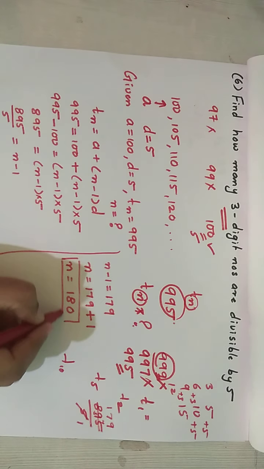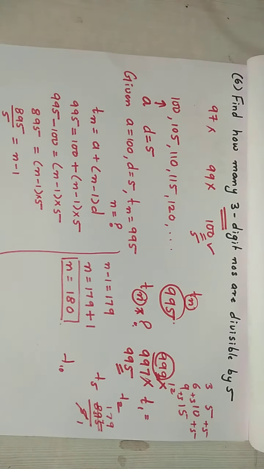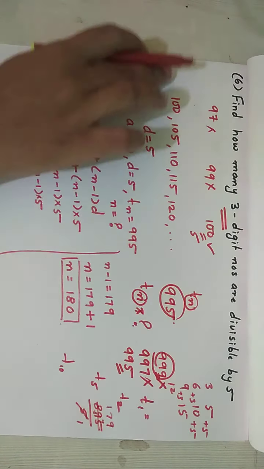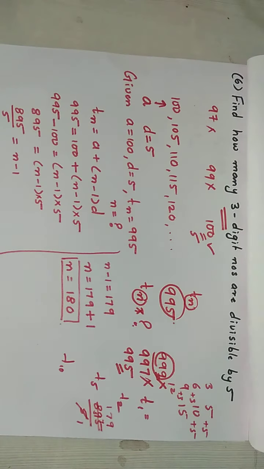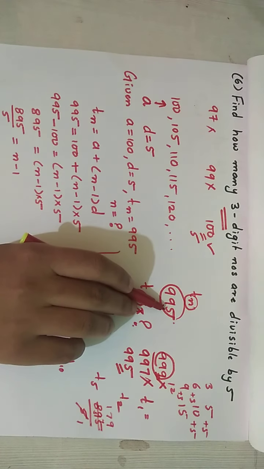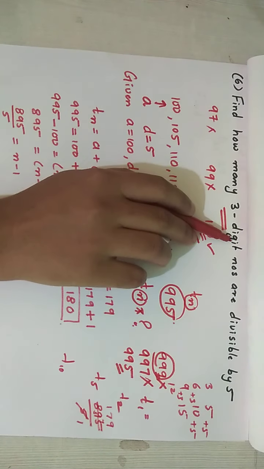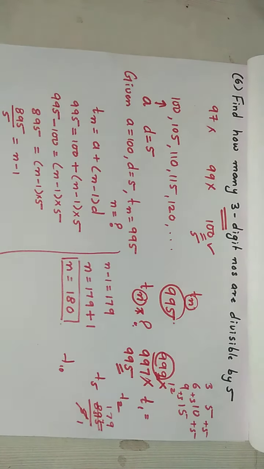So we know the position number of 995. That means 995 is standing on the 180th position. So total how many numbers are present over here? Here total 180 numbers are present. So we have total 180 3-digit numbers which are divisible by 5.